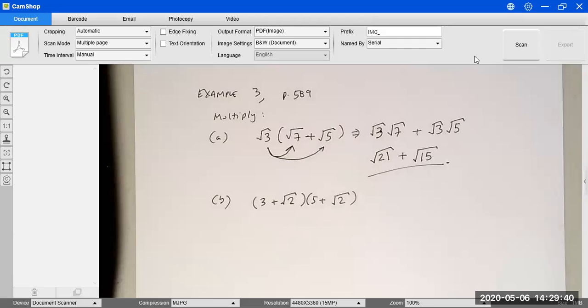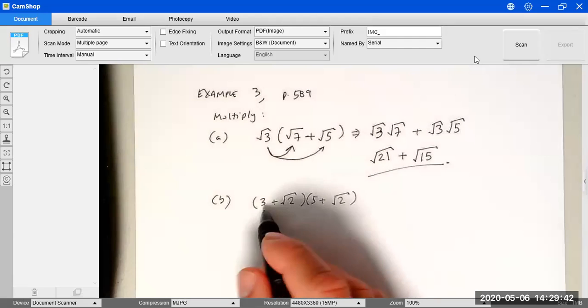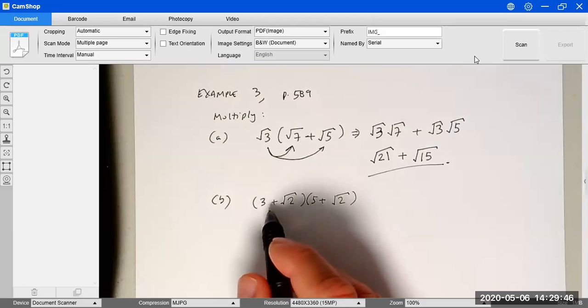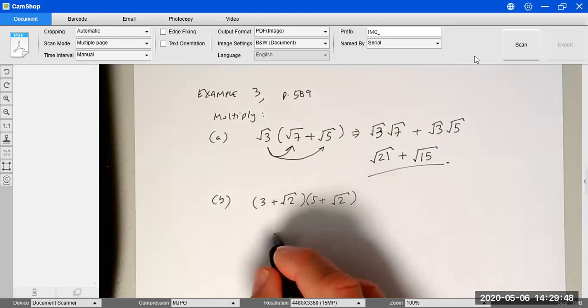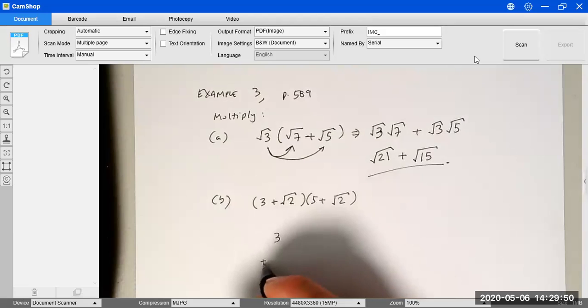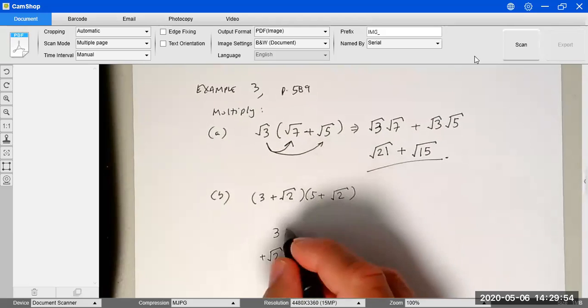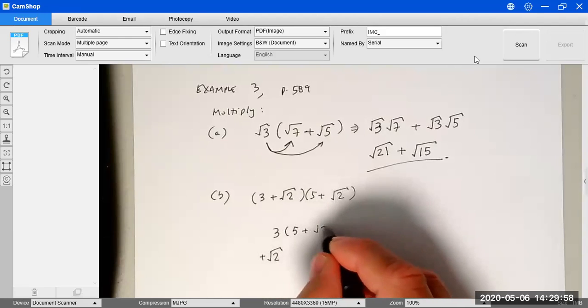I don't say binomial because these are not polynomials, but it's just for you to remember that we're going to follow a similar approach. So I'm going to write the first two-term radical expression vertically. So I'm going to write 3 plus square root of 2, and each of those are going to multiply the second radical expression.